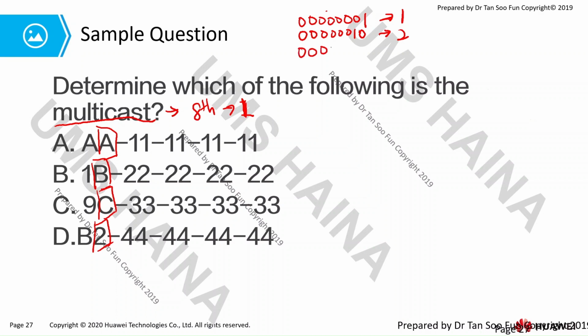So 0, 0, 0, 0, 0, 0, 1, 1, this one is equal to 3. Then you go to 4: 0, 0, 0, 0, 0, 1, 0, 0. This one is equal to 4. You continue, 0, 0, 0, 0, 0, 1, 0, 1, this one is equal to 5. Then 0, 0, 0, 0, 0, 1, 1, 0 is equal to 6. Then 1, 1, 1 is equal to 7.